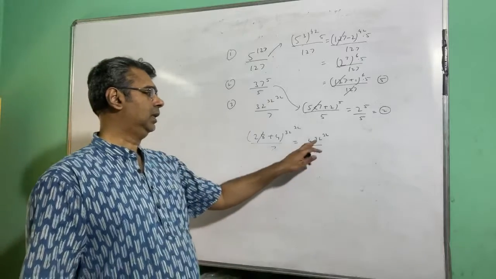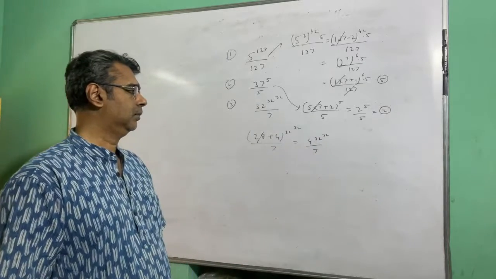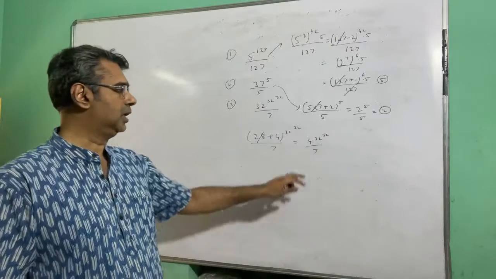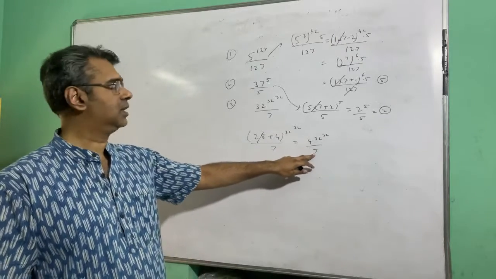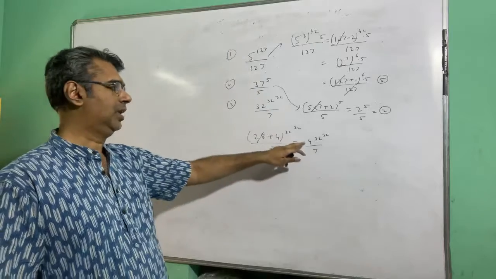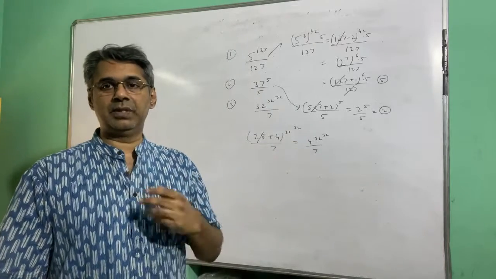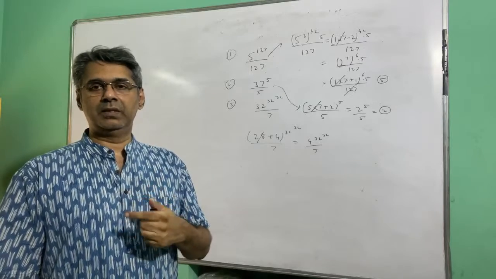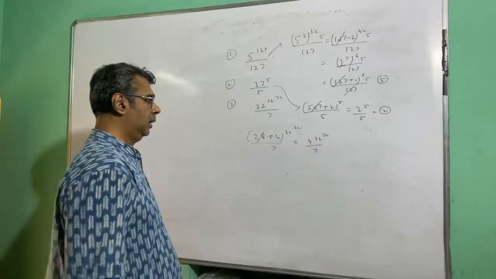Now for 4 to the power 32 to the power 32, you will have to try and write, because now the base 4 has become smaller than 7, like number 1, some power of 4 which is very close to a multiple of 7. You know 4 to the power 3 is very close to a multiple of 7.